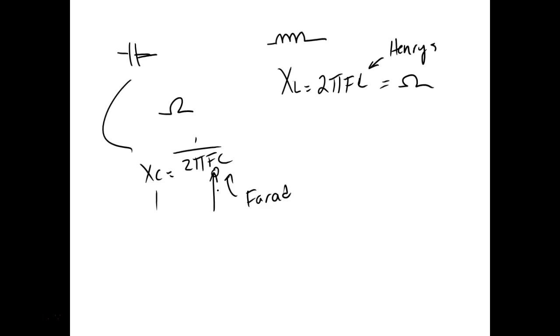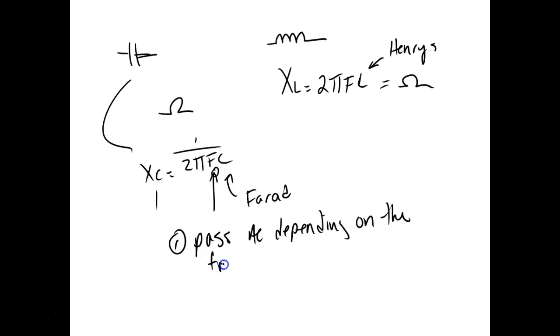So one of the features we've learned about capacitors is that they pass AC depending on the frequency. And the second thing we learned is these guys do what? They block DC. So if I choose the right capacitor, it allows us to take an AC signal and couple it into a DC circuit.